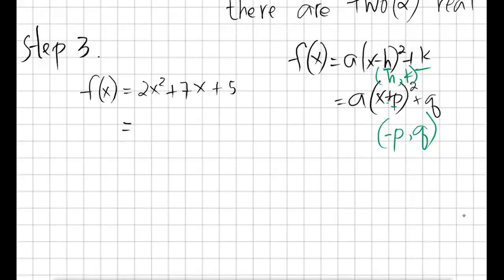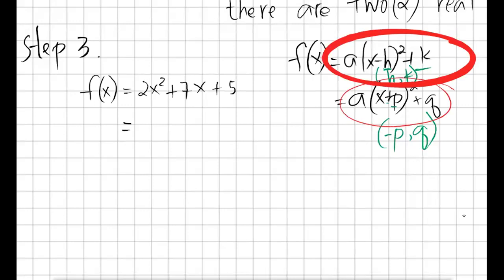So we're going to make it in the form of like this or like this, up to you. But usually we use this one. Our book will let us use this one. It doesn't really matter as long as you know how to get the h, k or the p, q.